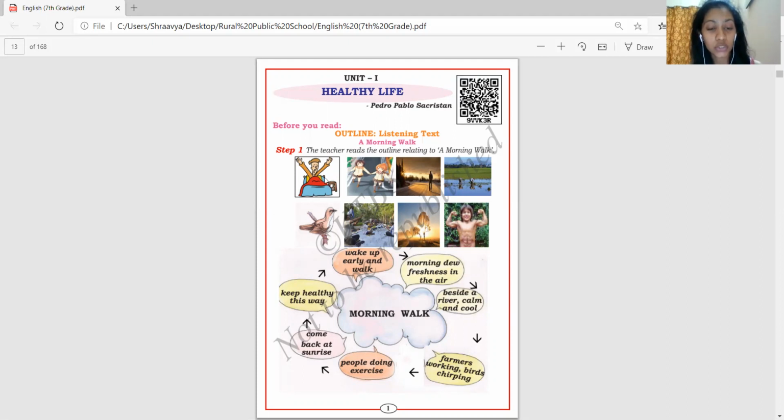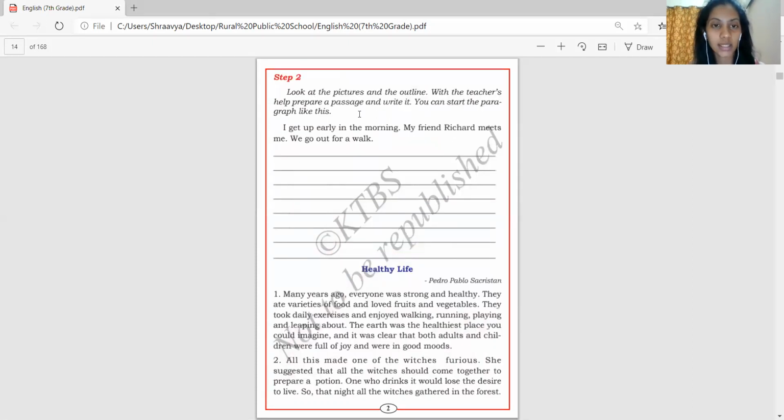You could use these pictures and this little diagram below to understand how a morning walk would be. So this is your activity in step number 2. You can see that you have to look at the pictures and write. So, this will improve your writing skills and your imaginative skills as well.